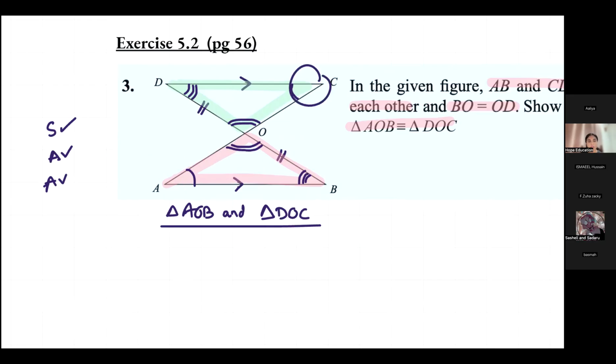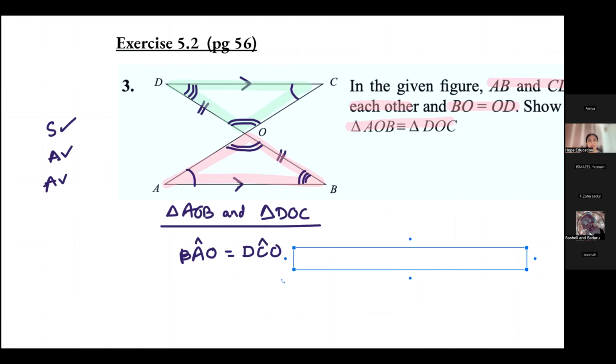BAO, in triangle AOB, angle BAO, which is this, is equal to, in triangle DOC, this angle, which is DCO. Reason is alternate angles between parallel lines.